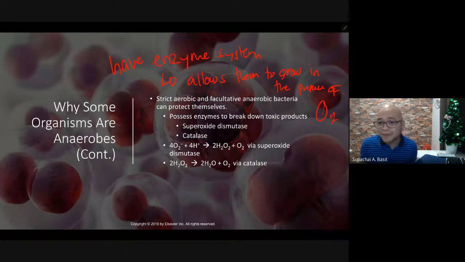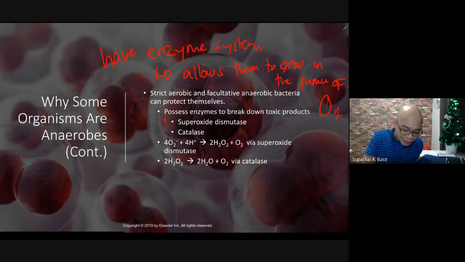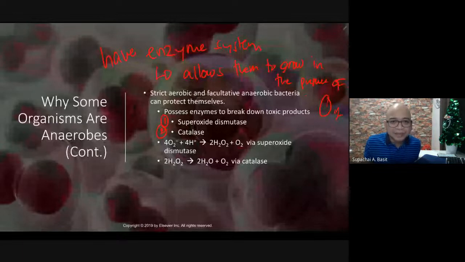Because of the presence of the enzyme system, they are allowed to grow. This enzyme system can break down the toxic forms of oxygen. So what are the examples? Examples are superoxide dismutase and catalase. Superoxide dismutase and catalase break down the toxic forms of oxygen into a non-toxic form.